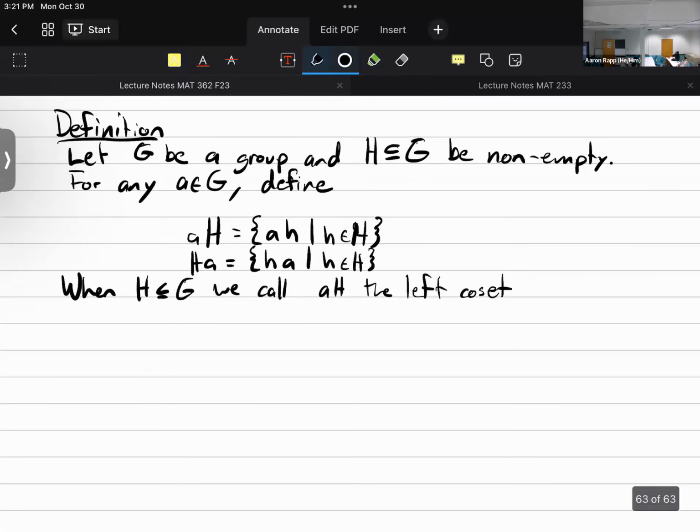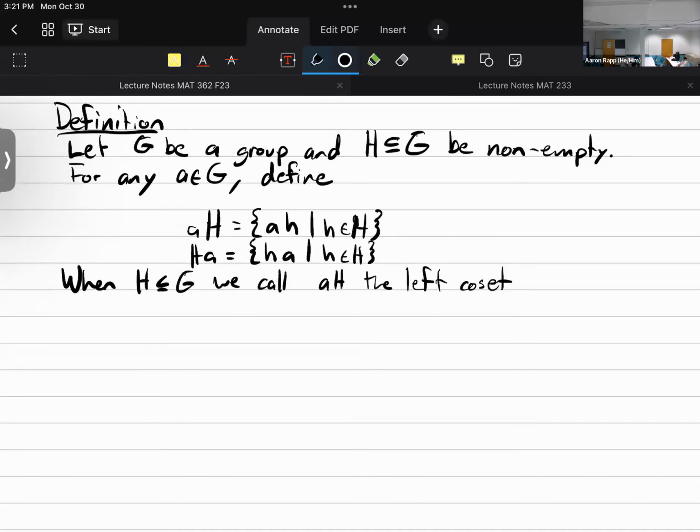So when H is a subgroup of G, we call little a times H the left coset of H in G containing a.